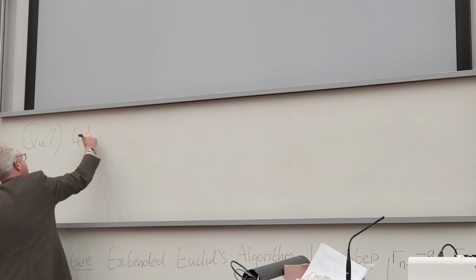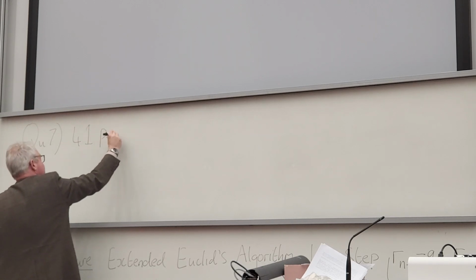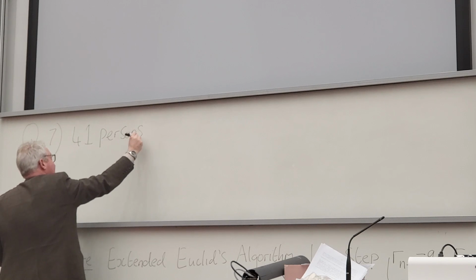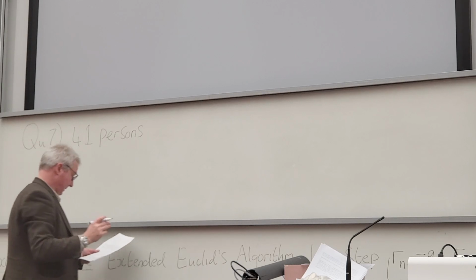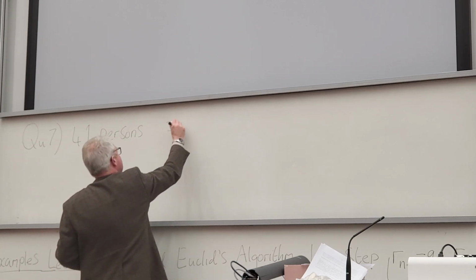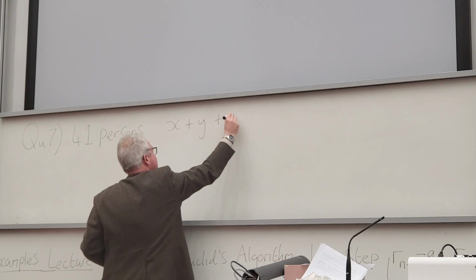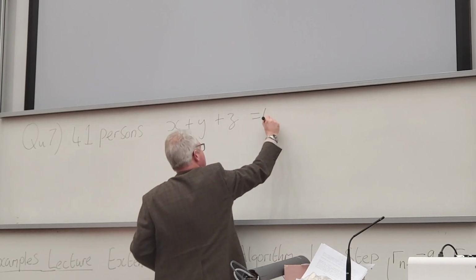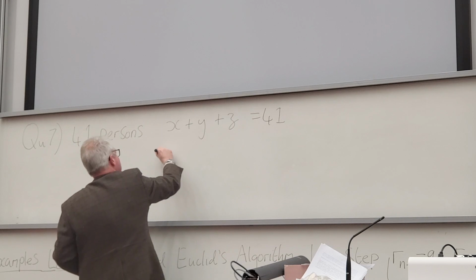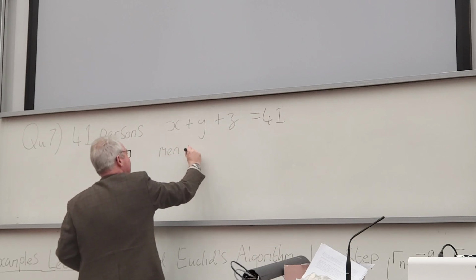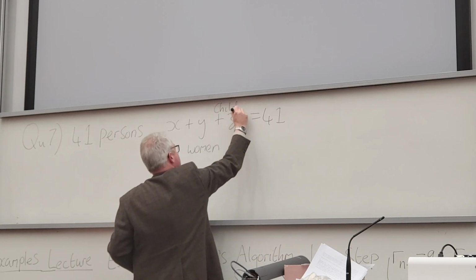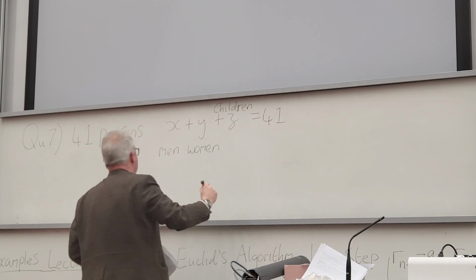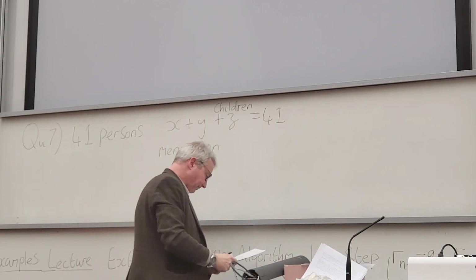We know there are 41 people, or persons, let's use the word persons. So let's call them x plus y plus z is 41. So x is men, y is women, and z is children. And what else do we know?